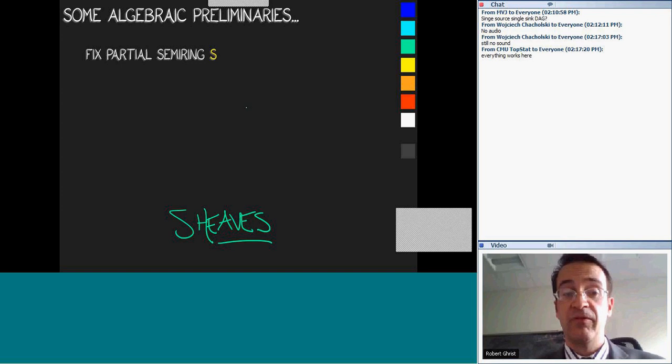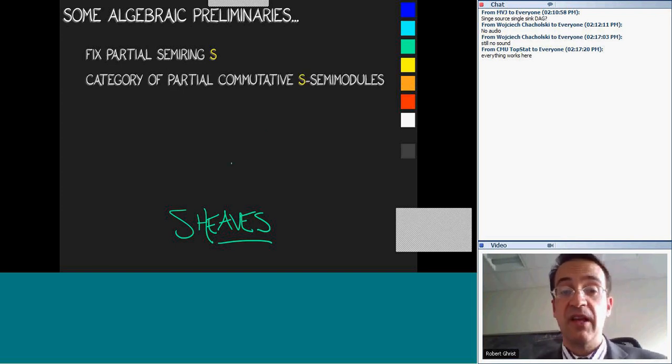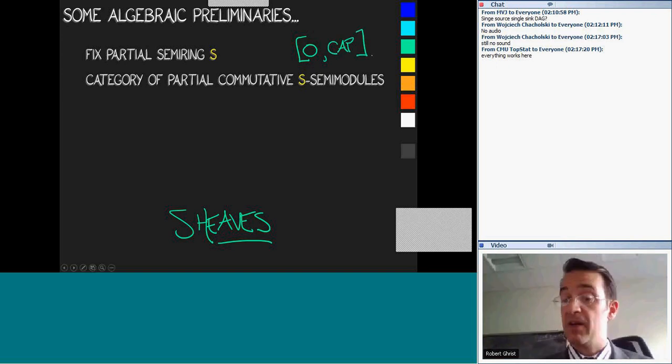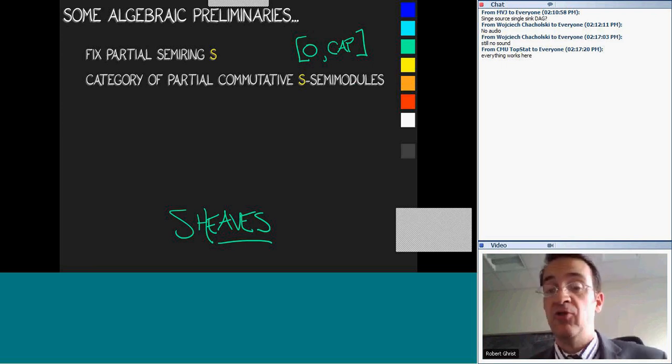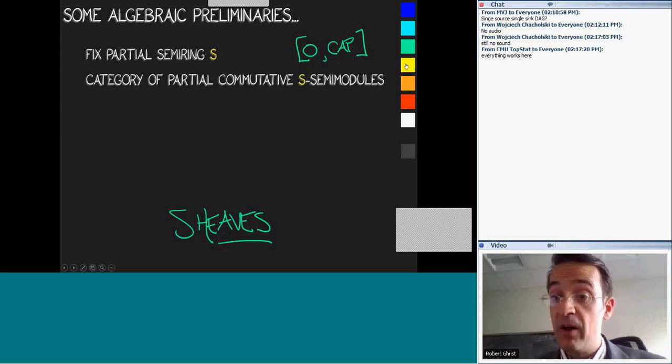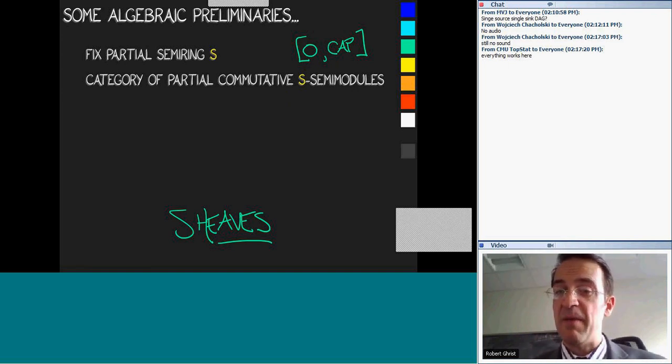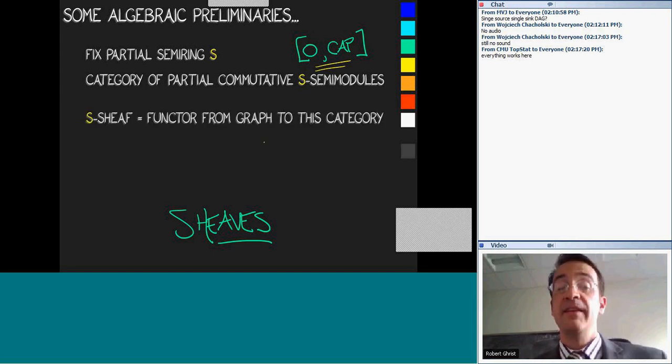So what we're going to do is fix a partial semiring and work in the category of partial commutative S semimodules. Again, if you get lost, just think, oh, everything is going to take values in 0 to some number, some capacity. That's a particularly good example. Of course, one can go far beyond that, and that's where it gets interesting. But for the moment, just think about these as your semimodules.